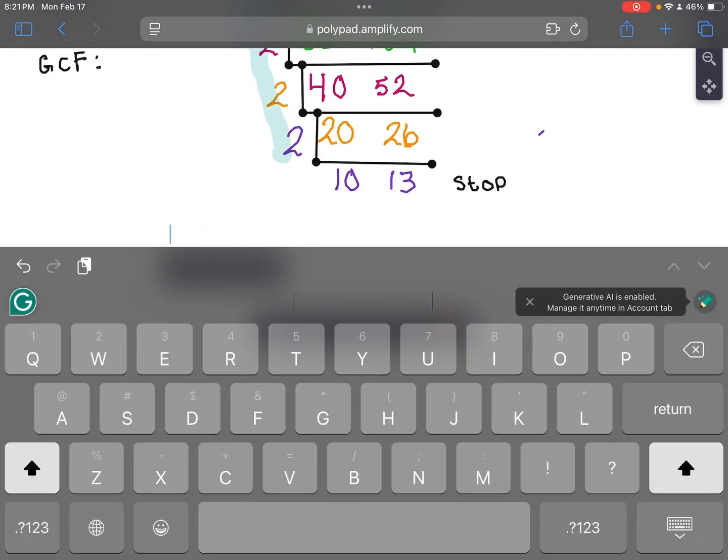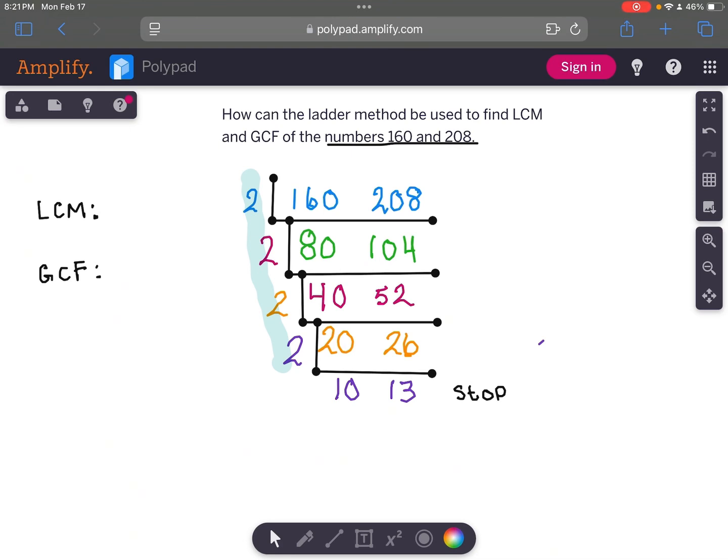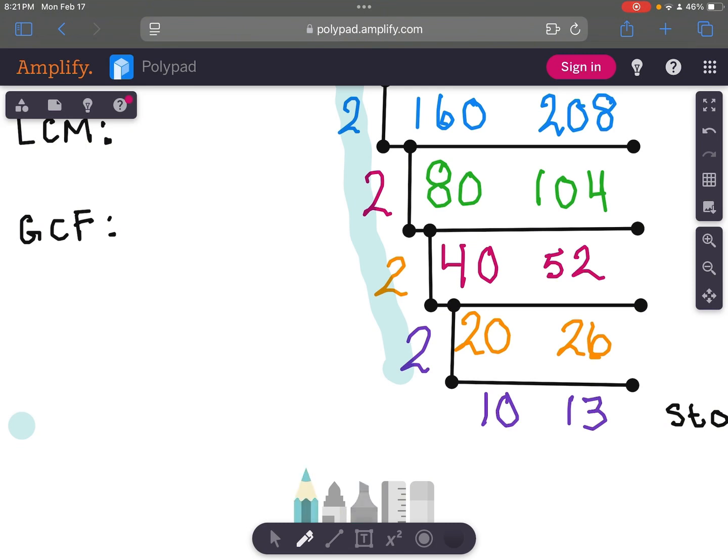We used 2 times 2 times 2 times 2. This equals what? 2 times 2 is 4. 4 times 2 is 8. 8 times 2 is 16. So 16 would be our greatest common factor.